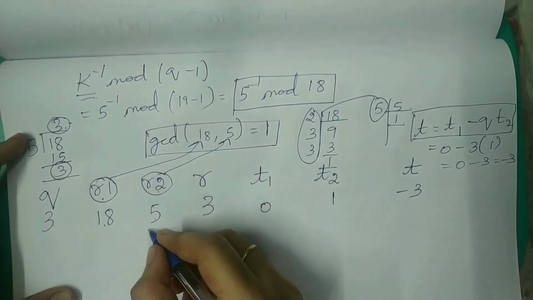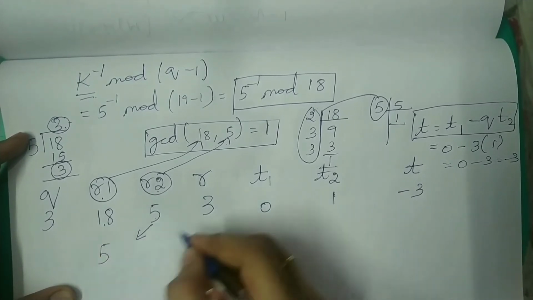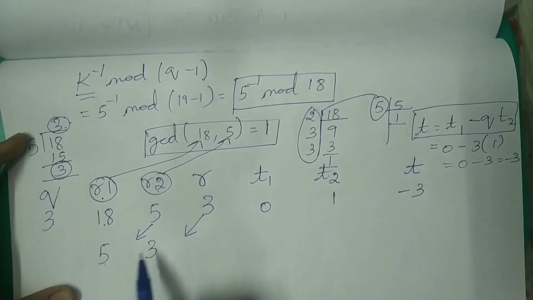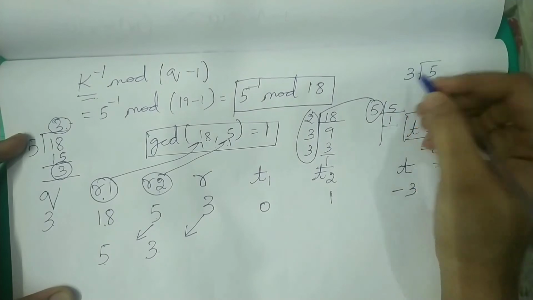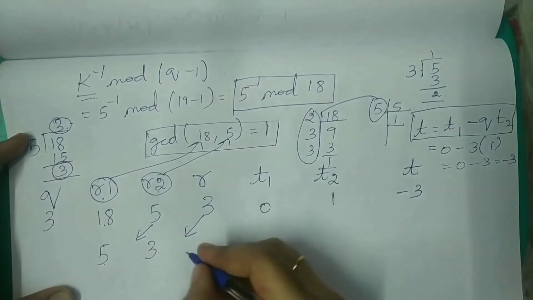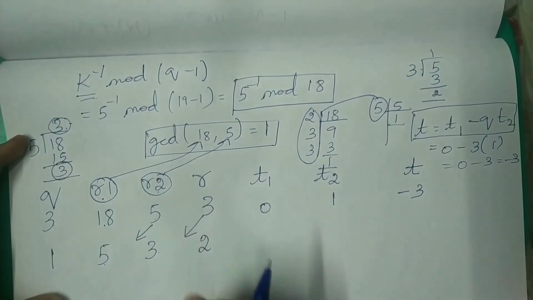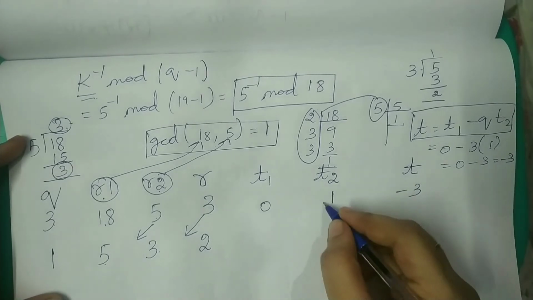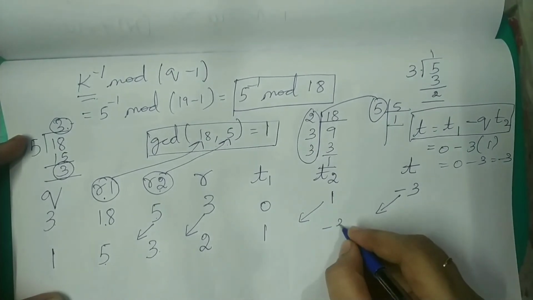Now I should bring the R2's value to R1 and R's value to R2. Now I should divide these two. So when I divide 5 by 3, it will go 1 time, so 3, I'll get the remainder as 2. So I'm getting the remainder as 2 and the quotient as 1. Next, I should bring the T2's value to T1 and T's value to T2.